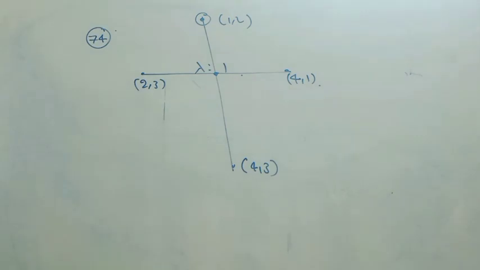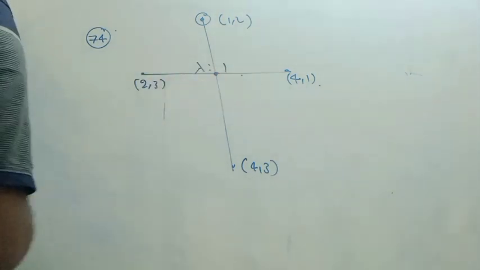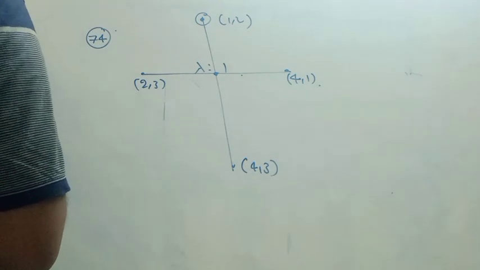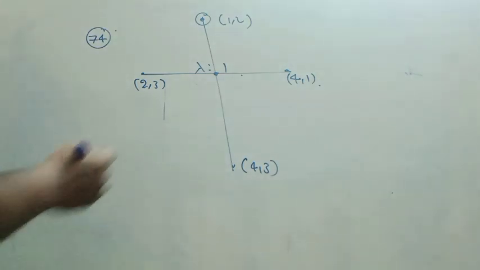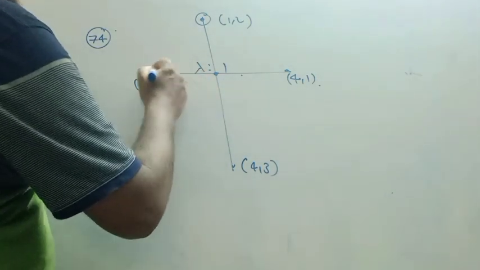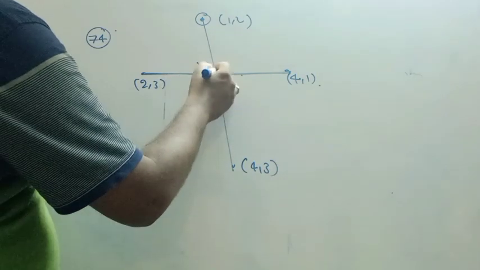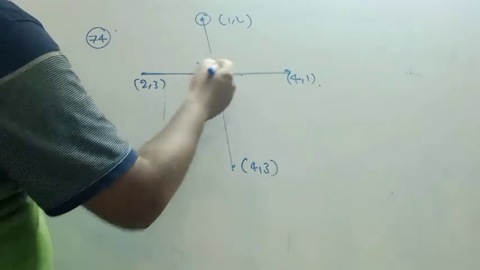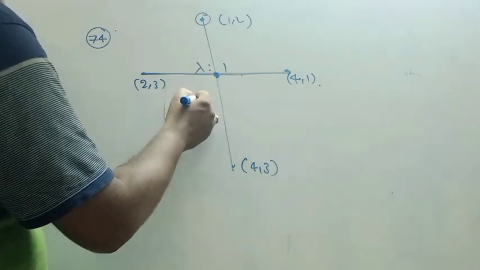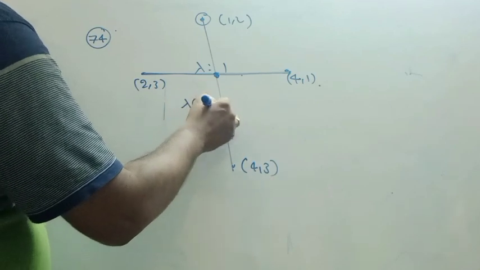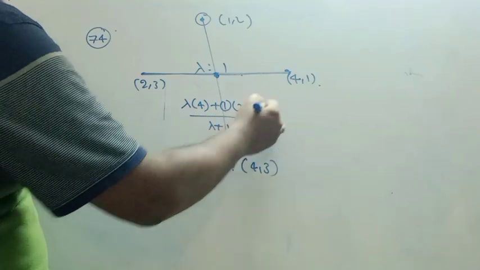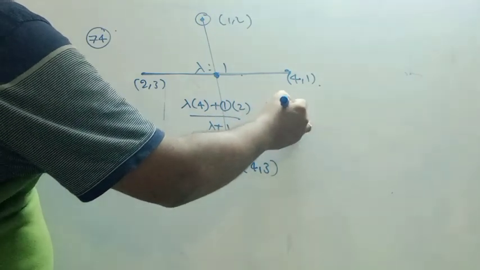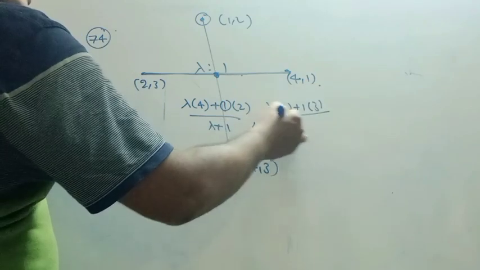Now the 74th problem, a very easy problem. The ratio in which the line joining (2, 3) and (4, 1) divides the line segment joining the points (1, 2) and (4, 3) is lambda is to 1. Then find lambda. My dear students, you can just find this point by internal division, lambda is to 1: (lambda into 4 plus 1 into 2) by (lambda plus 1), comma (lambda into 3 plus 1 into 2) by (lambda plus 1).